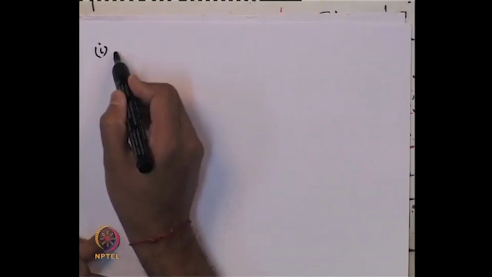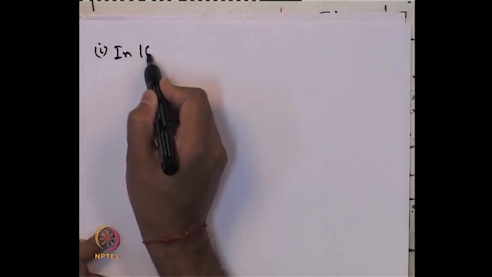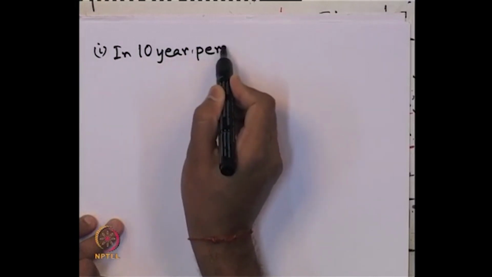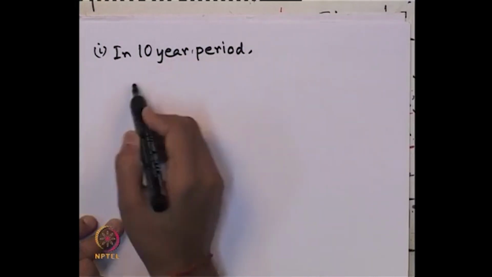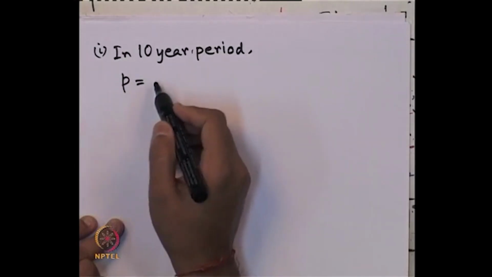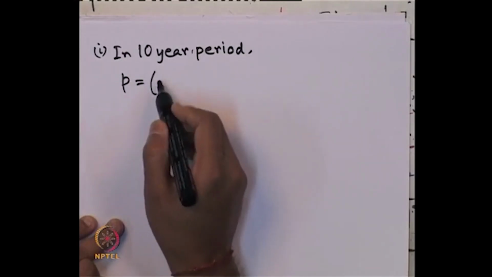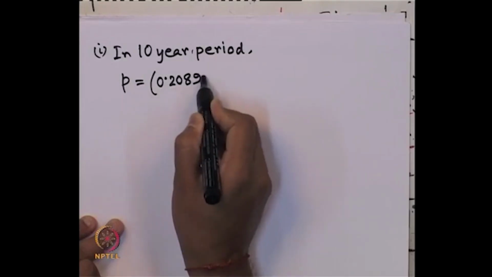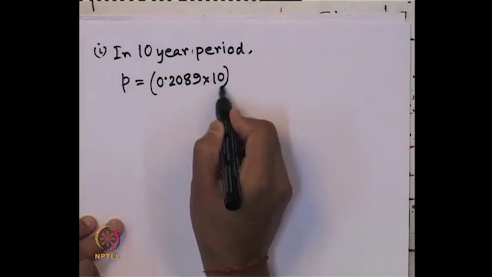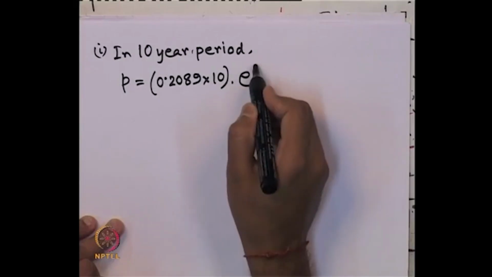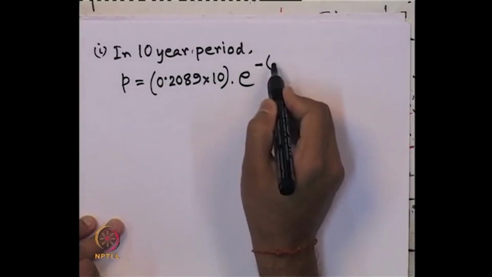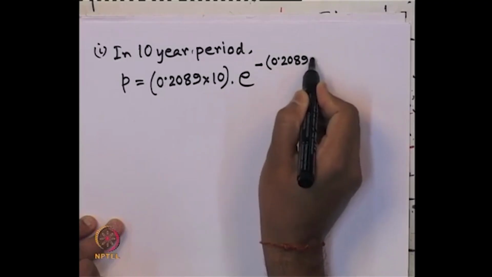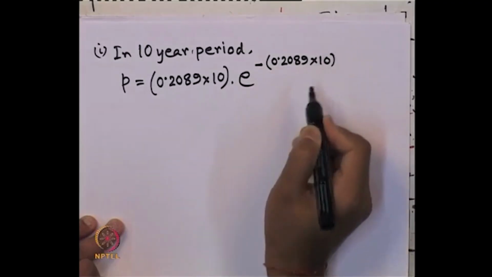So, let us see what we are getting in this case. The first one, in a 10-year period, the value of P will be, lambda value is 0.2089 and t is 10, times e to the power minus 0.2089 into 10.